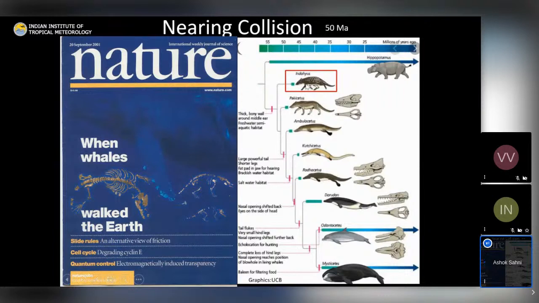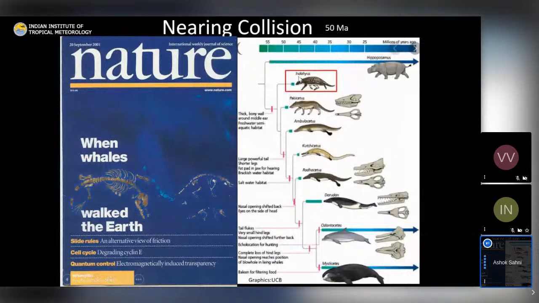In fact, the oldest whale-like land mammal is known as Indohyus. And it was quite a surprise when they did the genetics of whales and hippos. The whales and hippos were found to be very, very similar.